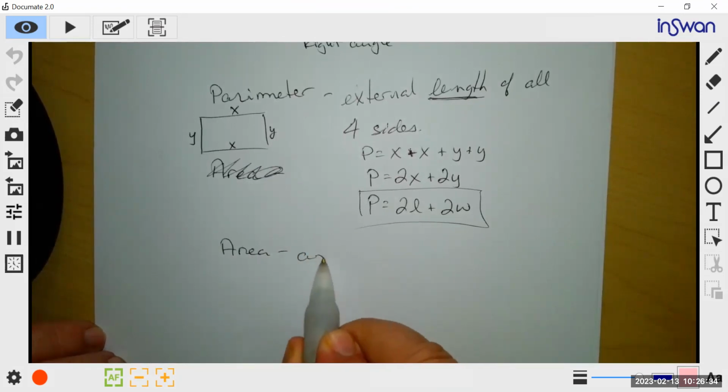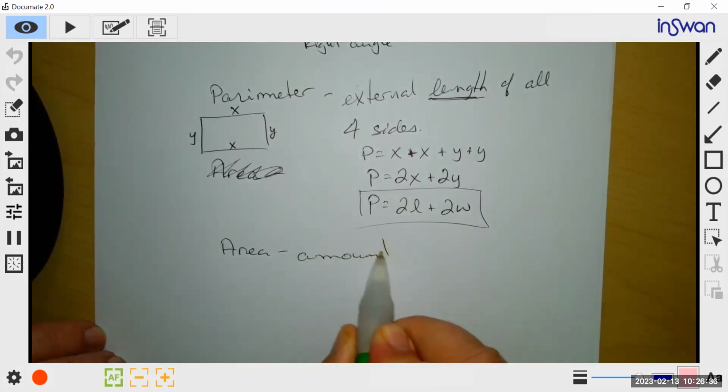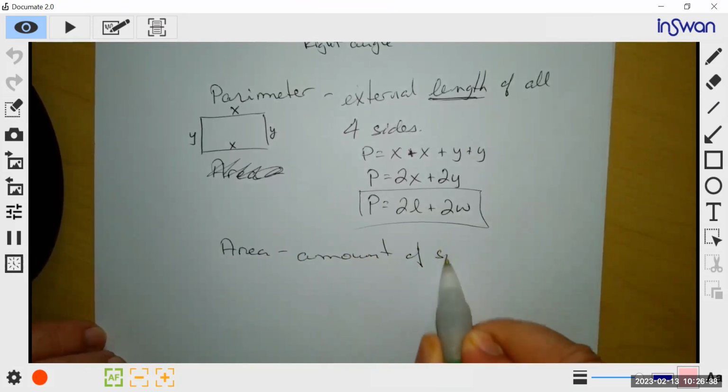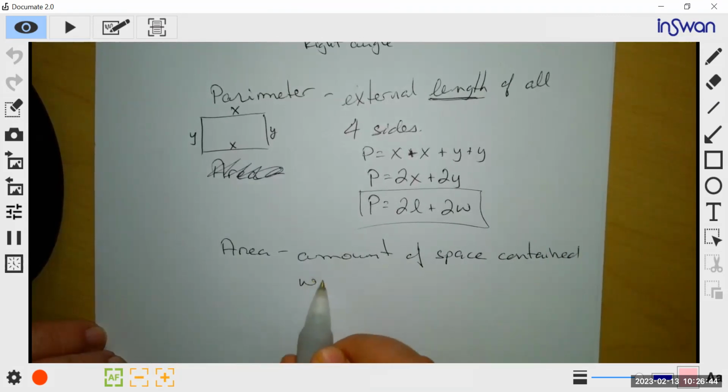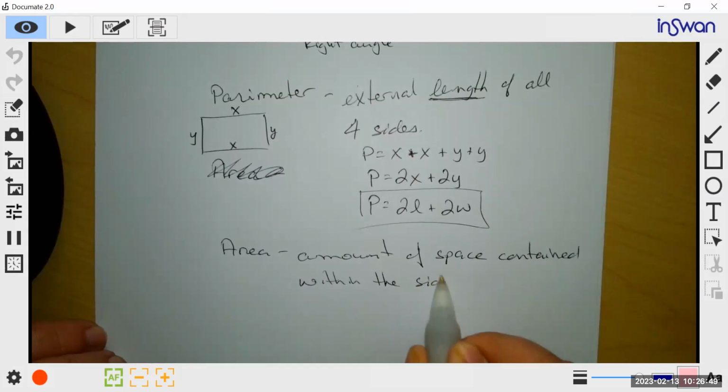Area. Amount of space contained within the sides of an object.